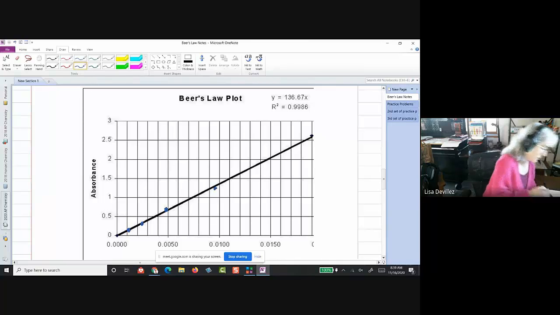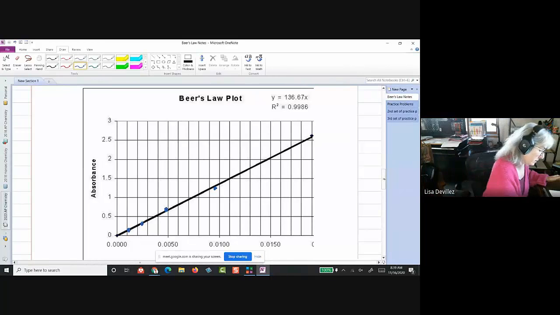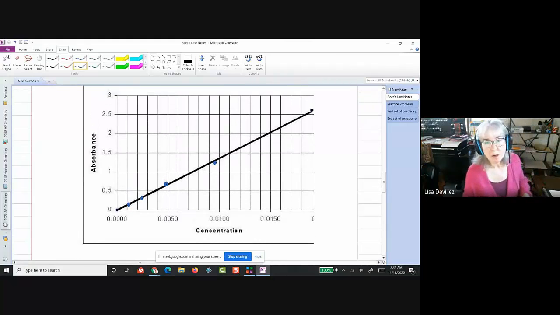I take those solutions where I know the concentration and generate this line of absorbance versus concentration with my known solutions. Then I can use that line. If I have an unknown solution and I measure the absorbance, I can use that plot to figure out the concentration of the unknown.